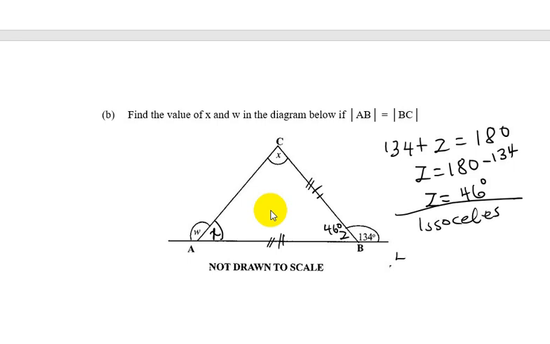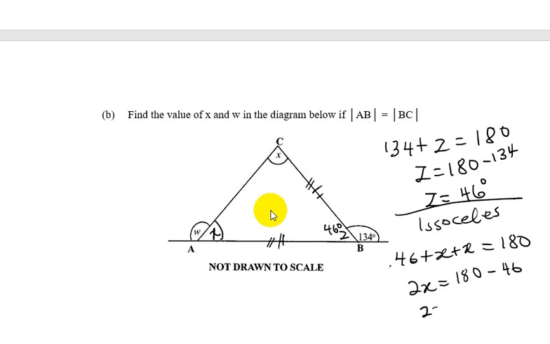We are going to get 46 plus x plus another x should be giving us 180, because the base angles are x, right? So we are going to get 2x being equal to 180 minus 46.